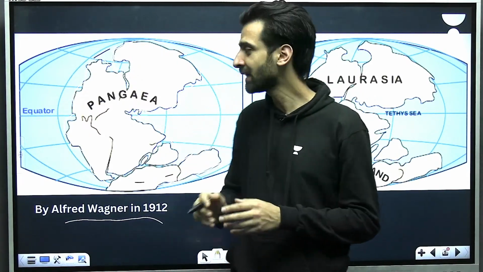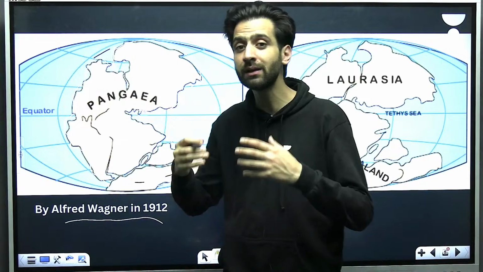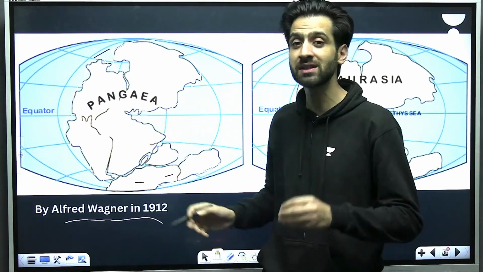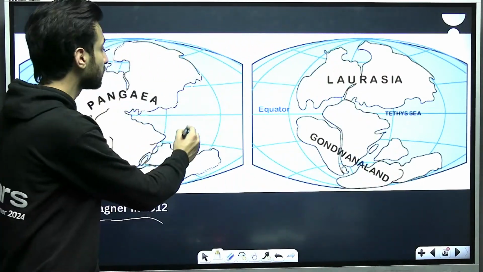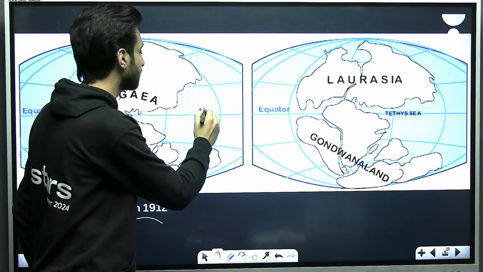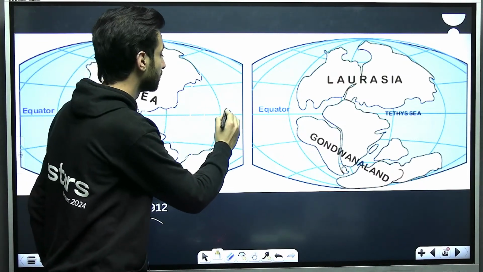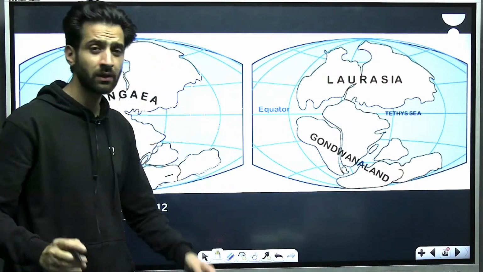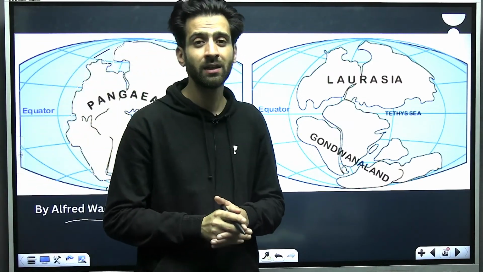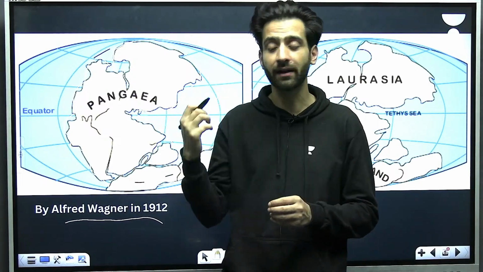Clear? After that, the landmass was surrounded by water on all the sides and he gave it the name Panthalassa. So this water body is Panthalassa. Clear? So from where does the theory start? From more than 250 million years back.